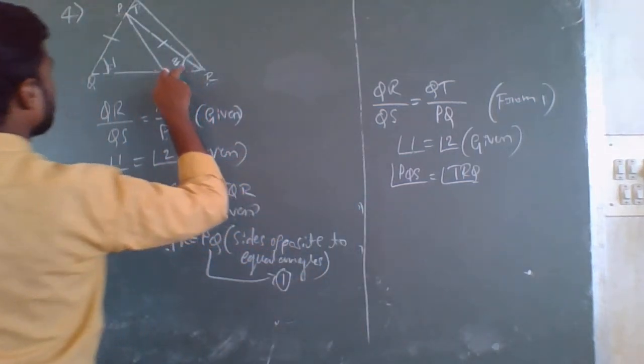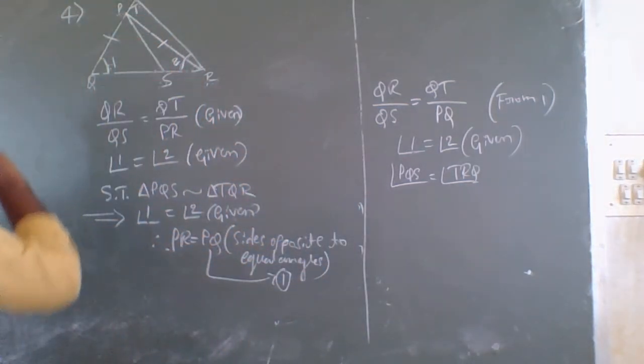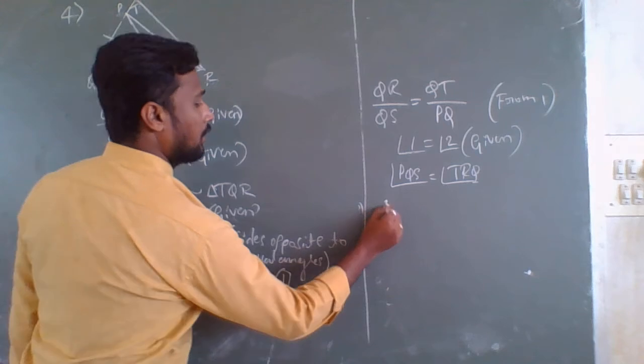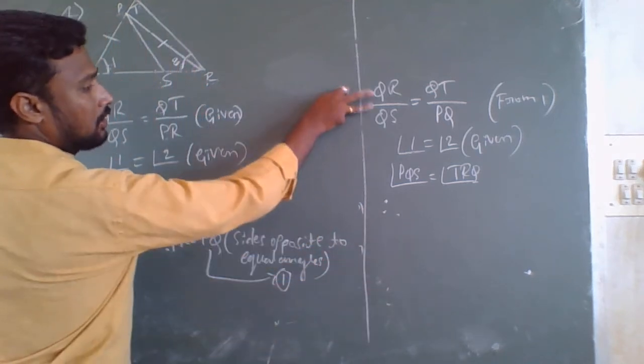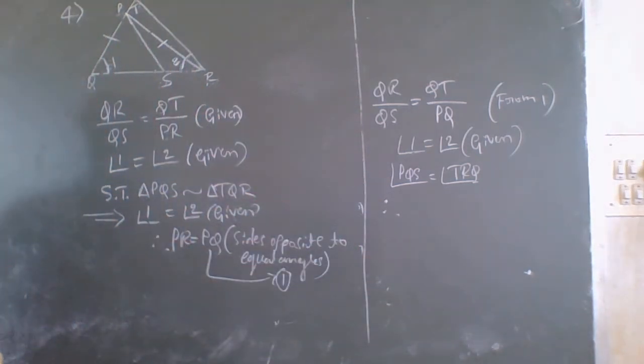Therefore, we can write that two sides are proportional and one angle is equal.